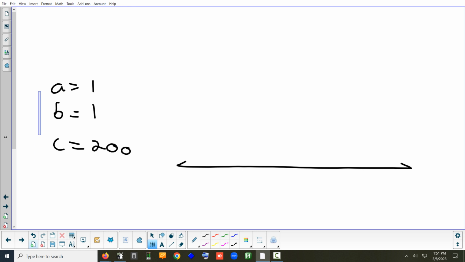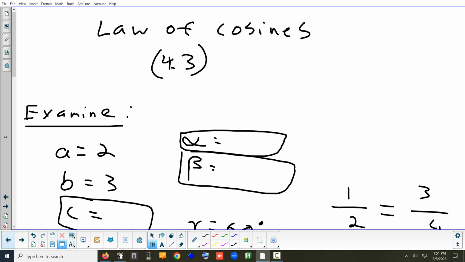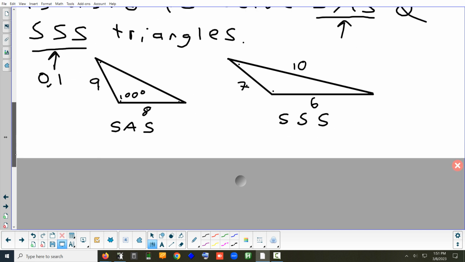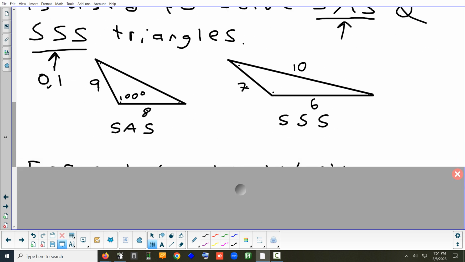So what's the rule here? The rule for sides is that any 2 sides added together have to be bigger than the third.